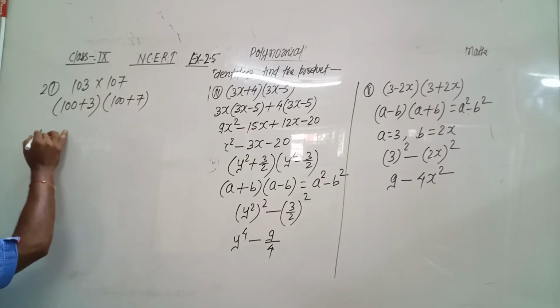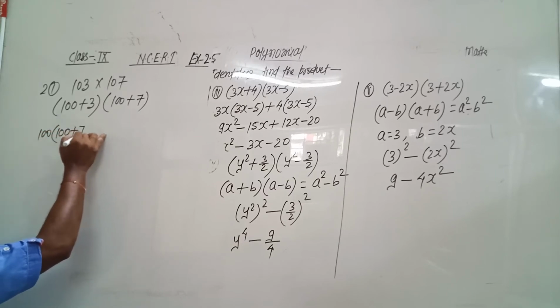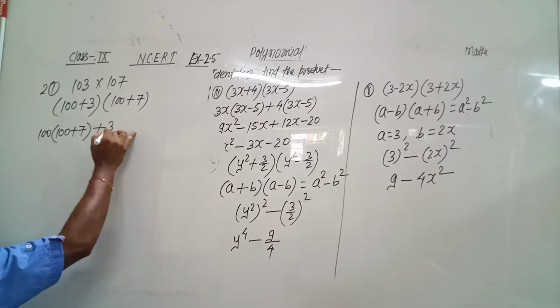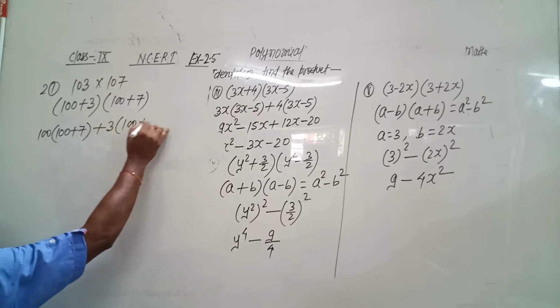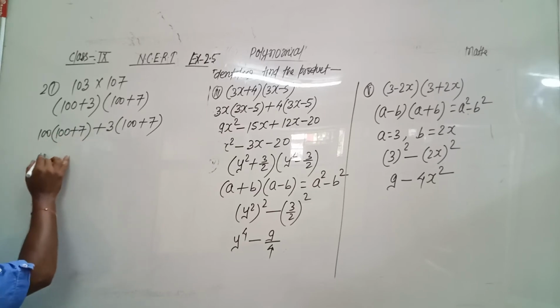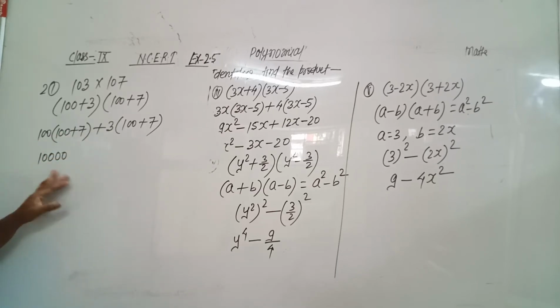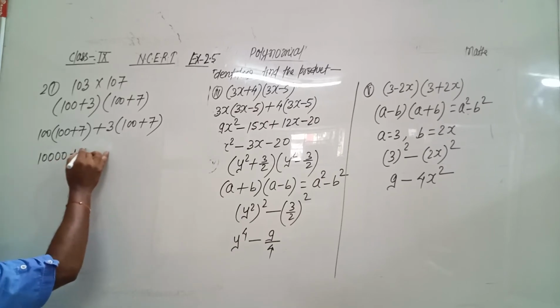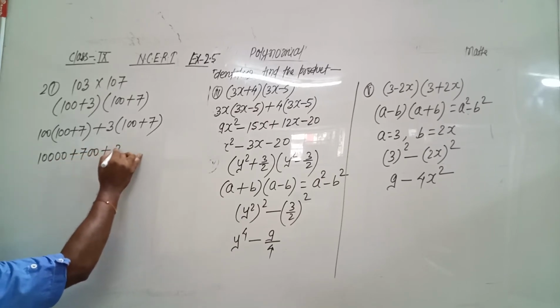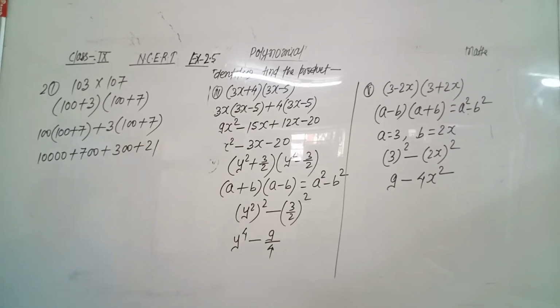So the first term of the first bracket and the second bracket will be written as it is, and the second term of the first bracket and the second bracket as it is. So 100 multiplied by 100, we get 10000. 100 into 7, 700, 3 into 100, 300, plus 3 into 7, 21.